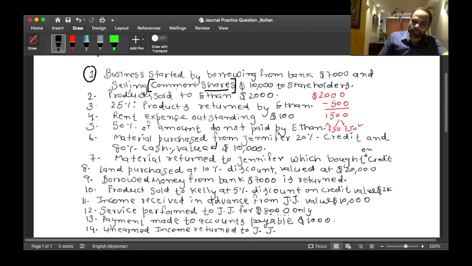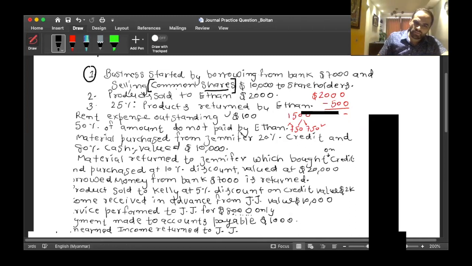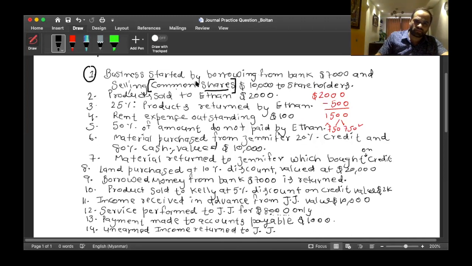Which liability? Bank loan. You have to be specific: bank loan. In your exam, if you write just liability, you are wrong. Bank loan credit, and what else? Income from selling the common share? Is selling common share your income? Revenue? It's share capital.